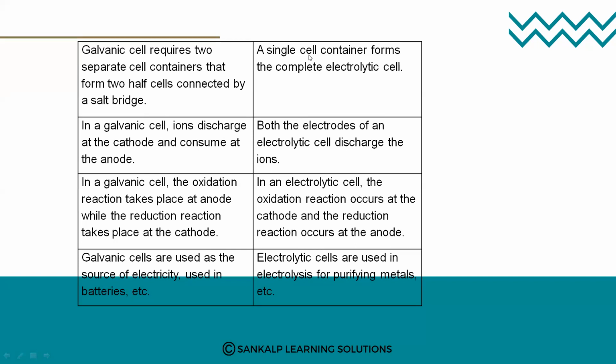Then in an electrolytic cell, the oxidation reactions occur at the cathode and the reduction reactions occur at the anode. Galvanic cells are used as a source of electricity, which is used in batteries, etc. Electrolytic cells are used in electrolysis for purifying metals, etc. So these are some of the differences between galvanic cell and electrolytic cell.